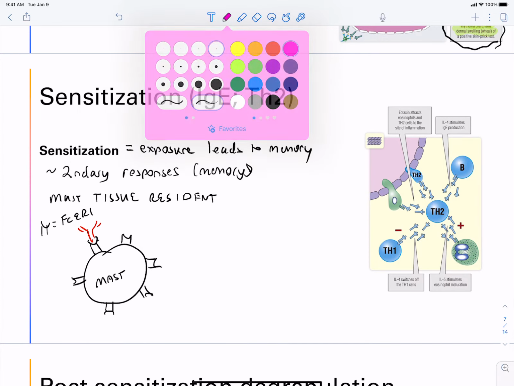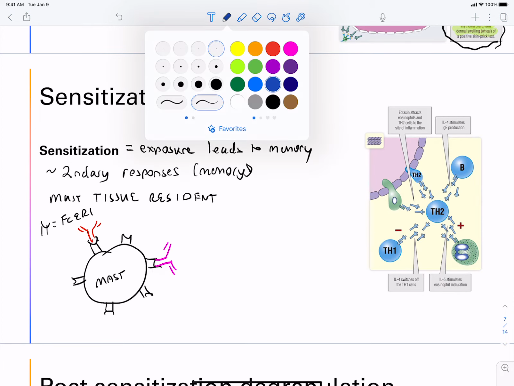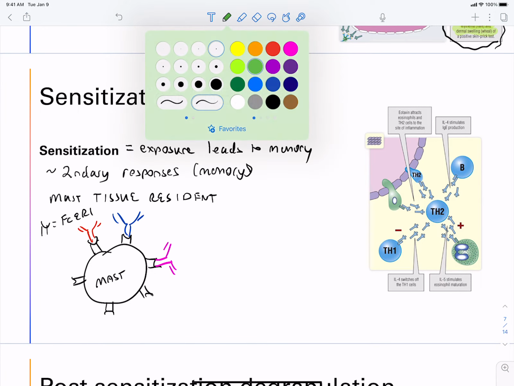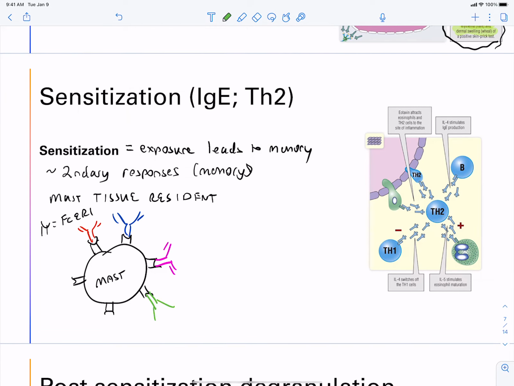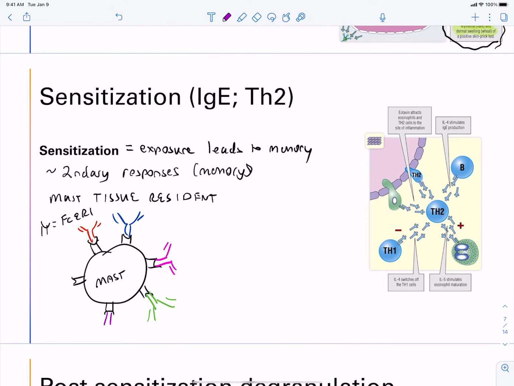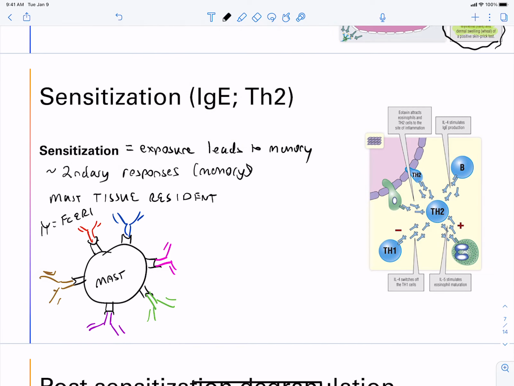So I'll have a red one and a pink one. And we'll put in a blue, green, purple, and a brown one. So of course all of these IgEs are specific for some particular allergen.